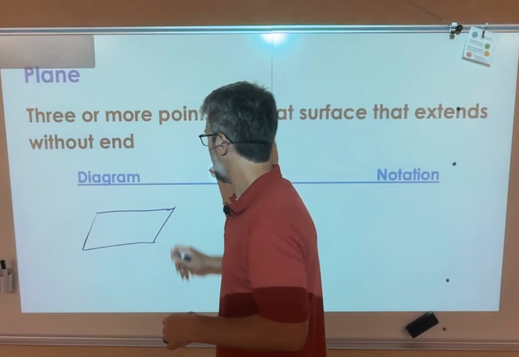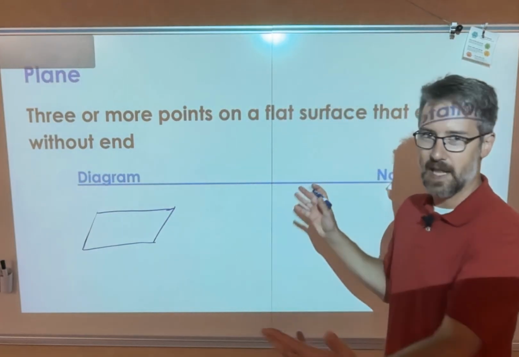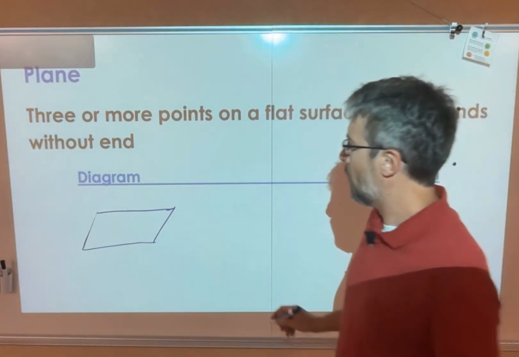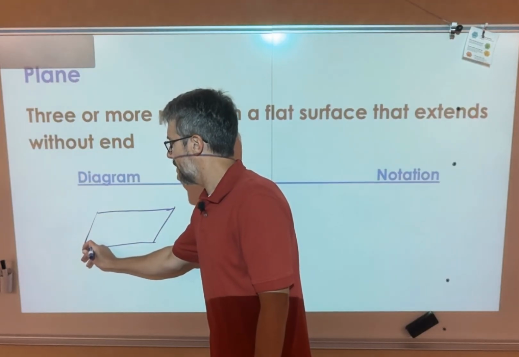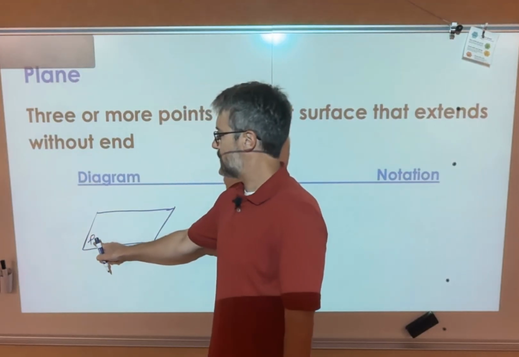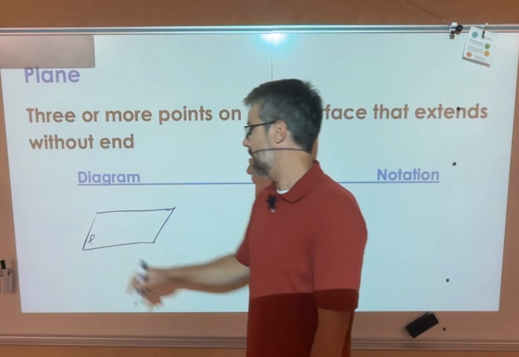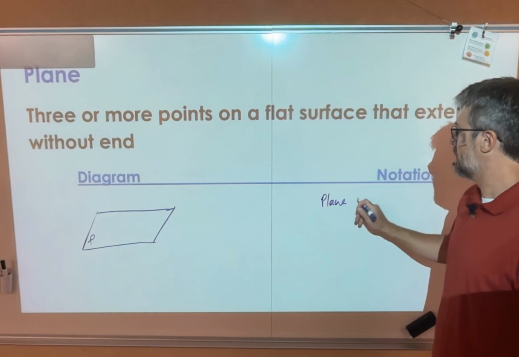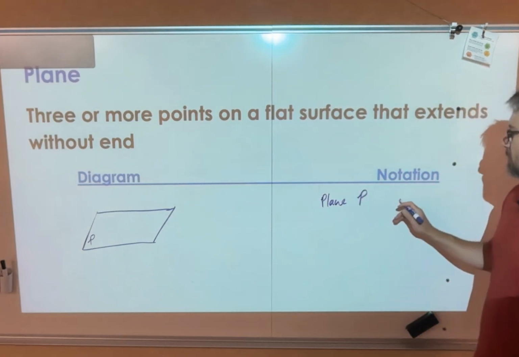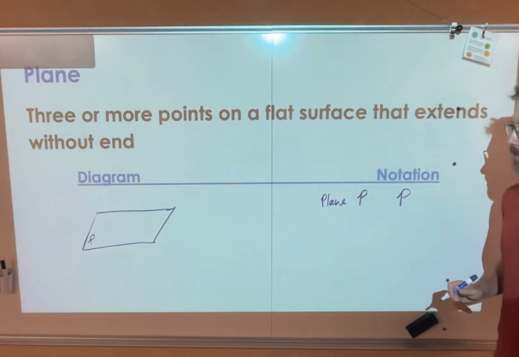We can't show the entire thing, so we just make this flat, kind of looks like a sheet of paper. One way that we can note this, oftentimes it will have a fancy script capital letter in one of the corners, and so we could call this plane P or just P, right?